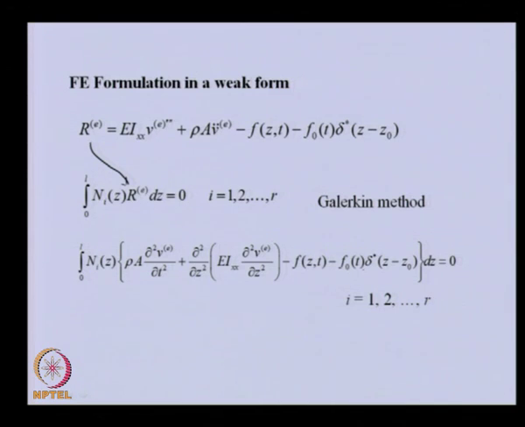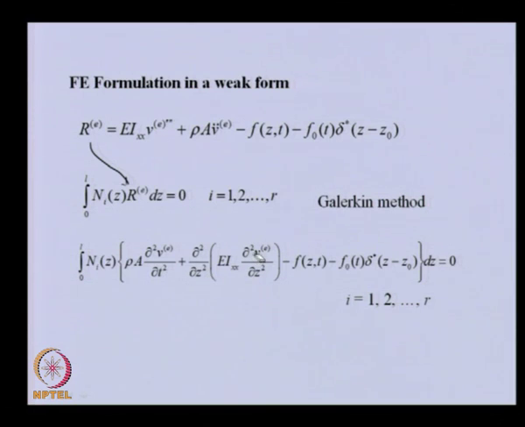Now, because in this particular equation the highest order of differentiation is 4, if we want to choose the shape function in the form of a polynomial, we have to choose a 4th degree, because the 4th order differentiation is there. Unless we choose 4th degree, it will vanish.